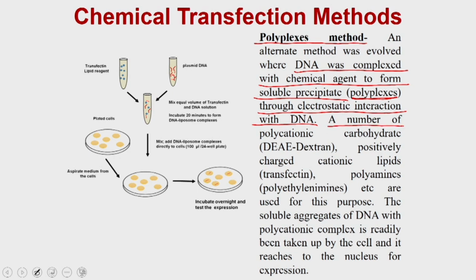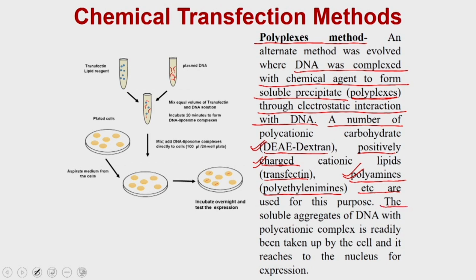Examples of polyplexes are DEAE dextran, positively charged cationic lipids such as transfectin, and polymeric amines such as polyethylenimine. These are three different categories of particles: carbohydrates, lipids such as transfectin, and amines. All three categories are suitable for this purpose.